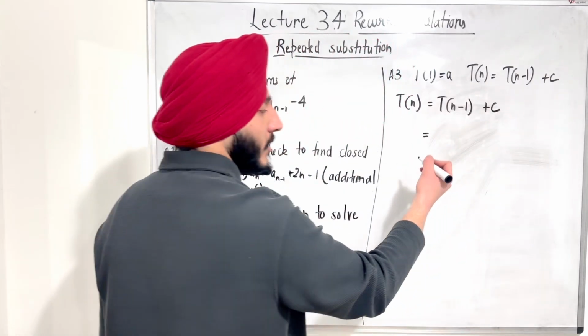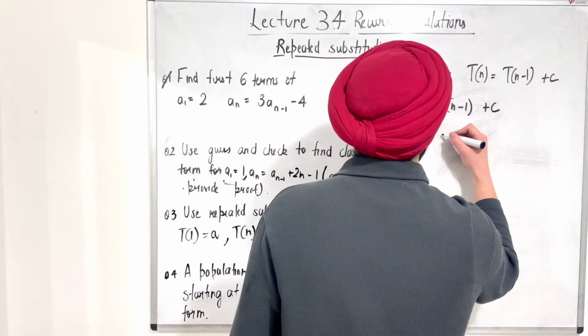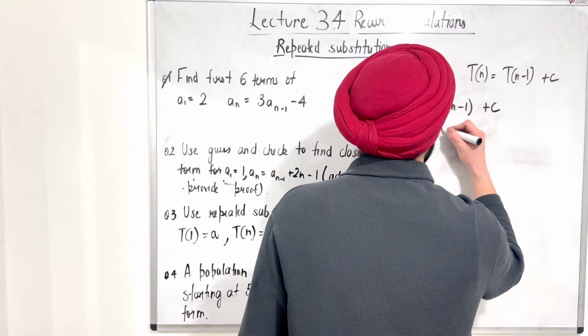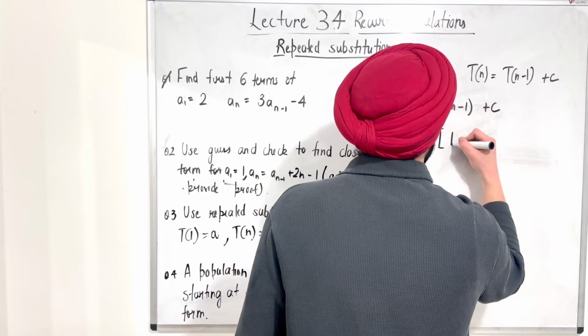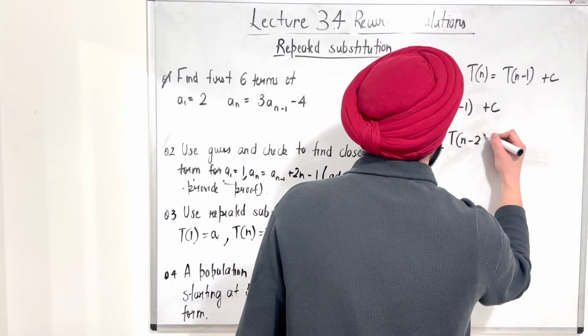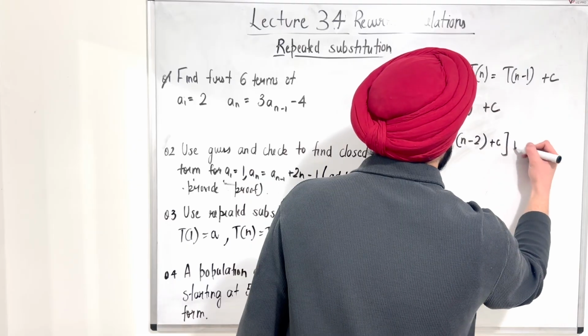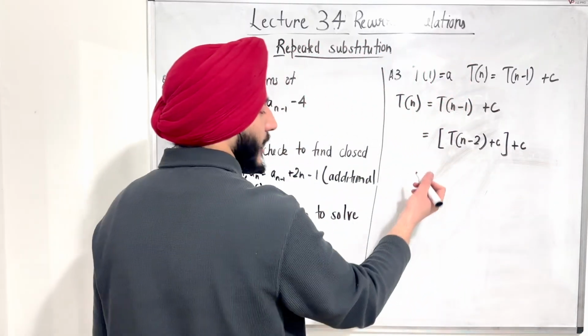If I substitute once, I would get Tn minus 2 plus C plus C. Right? I hope you were able to understand this.